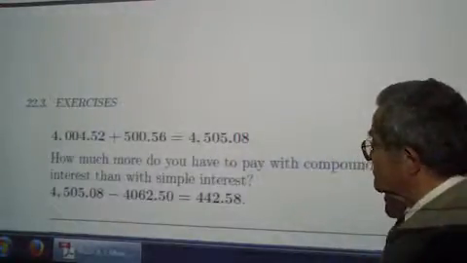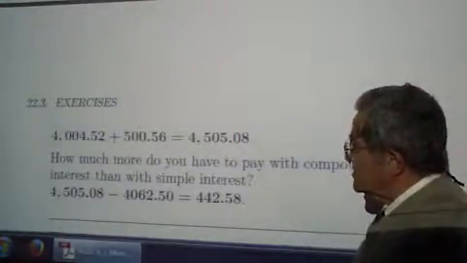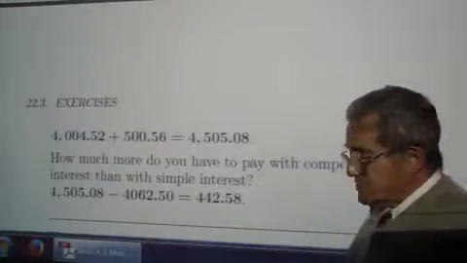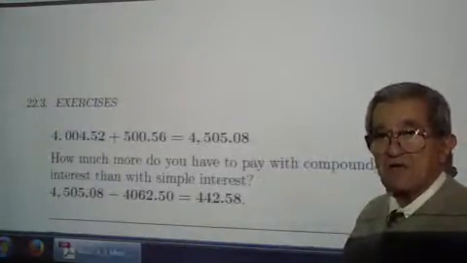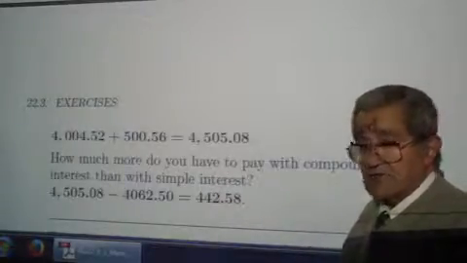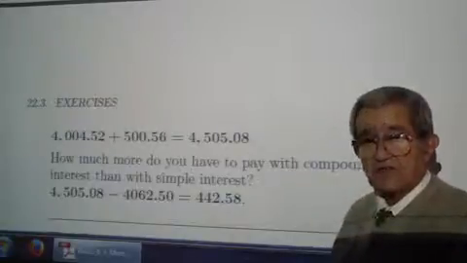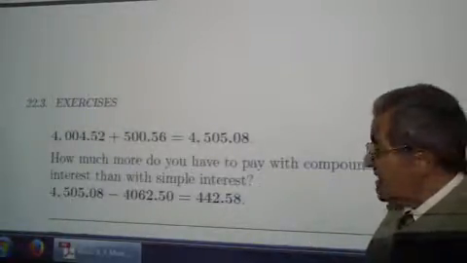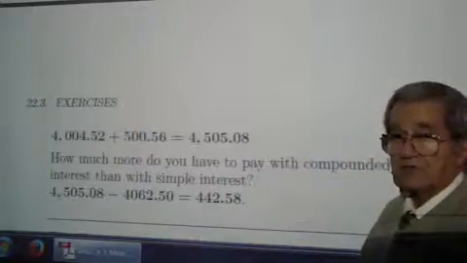Isn't that amazing? Do you think that instead of compounding every 6 months, if we compound every day, we must get a heck of a lot more money because the interest is computed every day, 360 times a year as compared to semi-annually, twice a year? Yes, you will get more, but there's a limit.